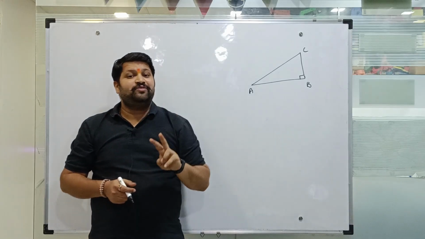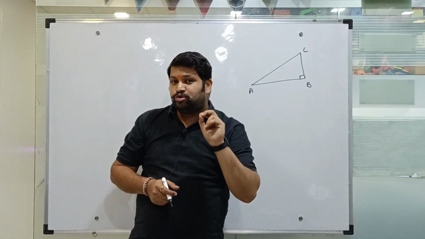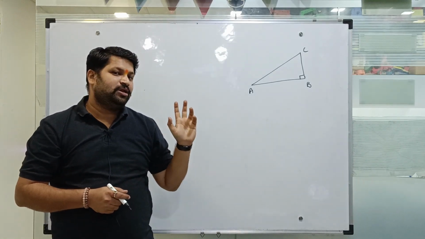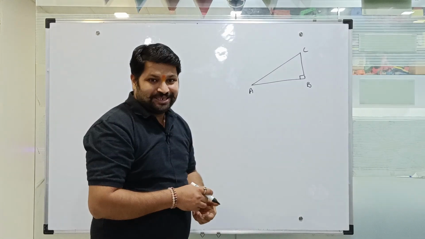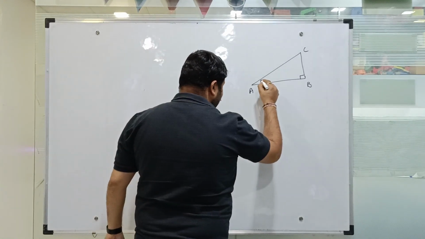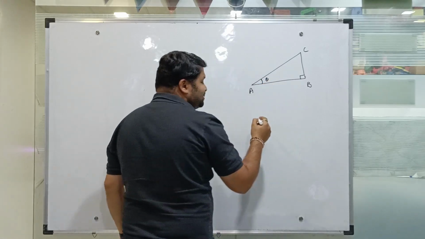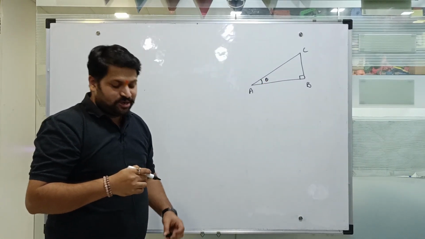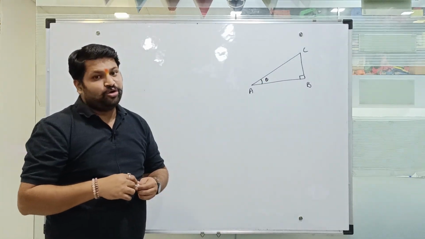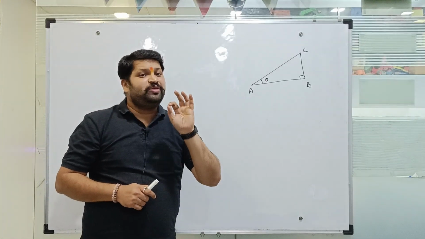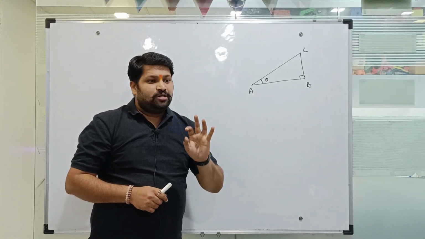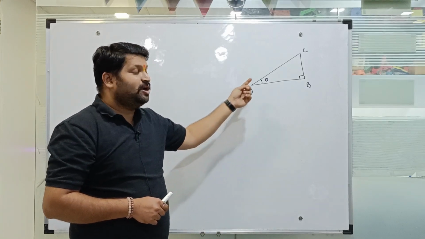So effectively we are going to use two ratios majorly in all these cases, that is tan theta and cot theta. These are the two ratios that are going to be used majorly. However, there would be a few sums that might ask you to find the hypotenuse.